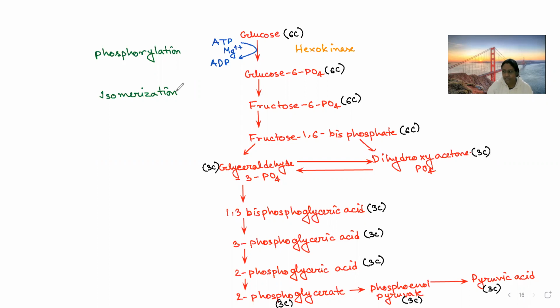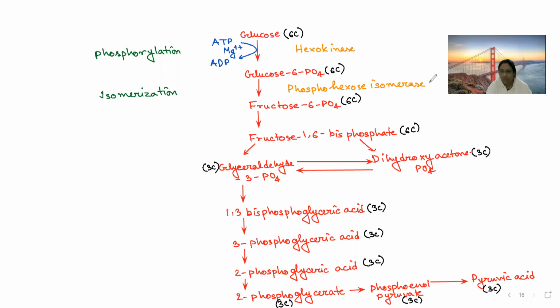That's why this reaction is known as an isomerization reaction, and the enzyme which is catalyzing this is known as phosphohexose isomerase.